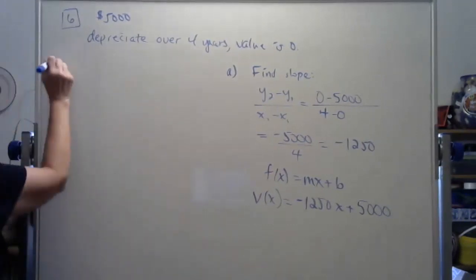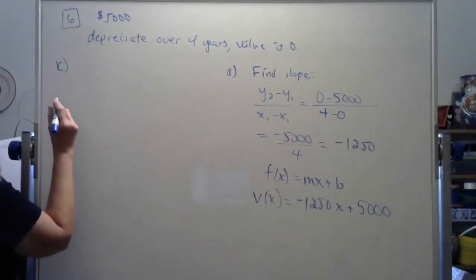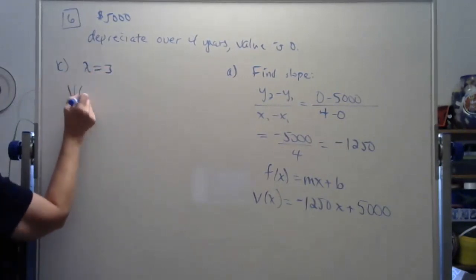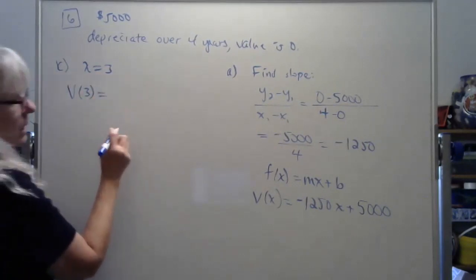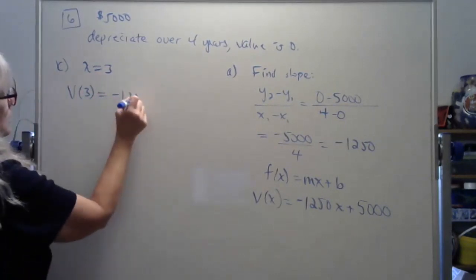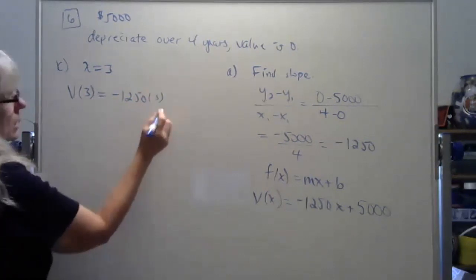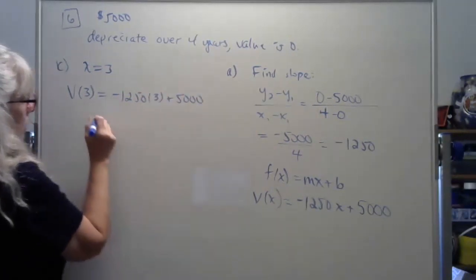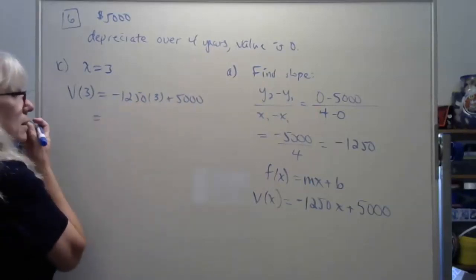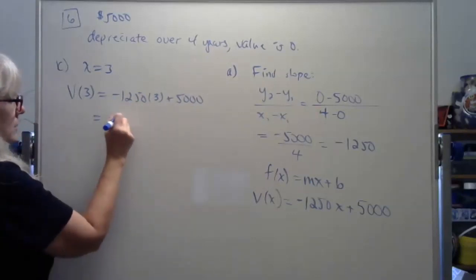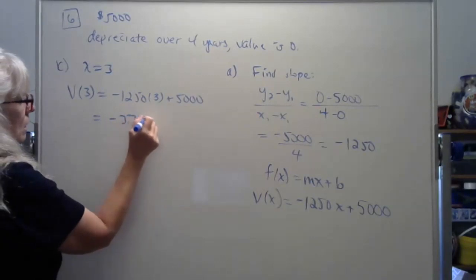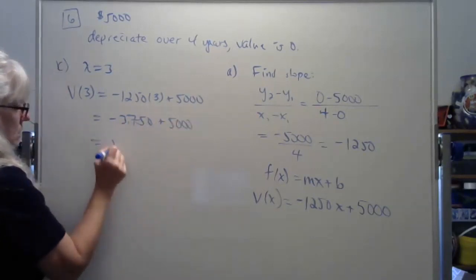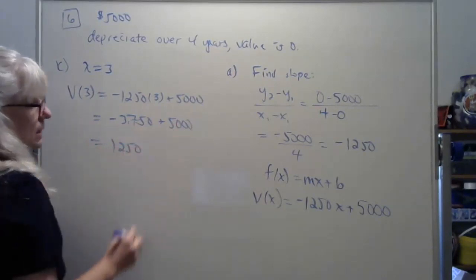This is part C, the graph was part B. So when x equals 3, what's the value? v of 3 is equal to negative 1250 times 3 plus the 5,000. So 3 times negative 1250 is negative 3750, plus the 5,000, which leaves you with 1250, which should make sense, right?